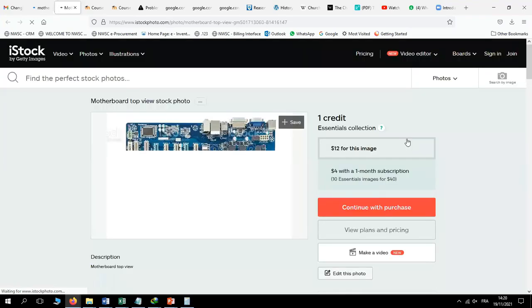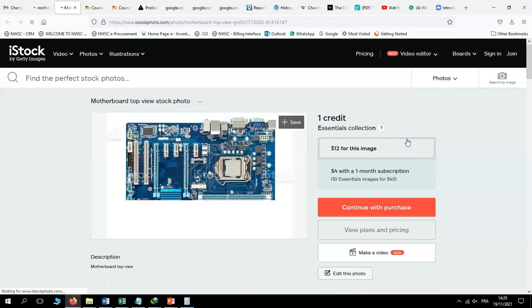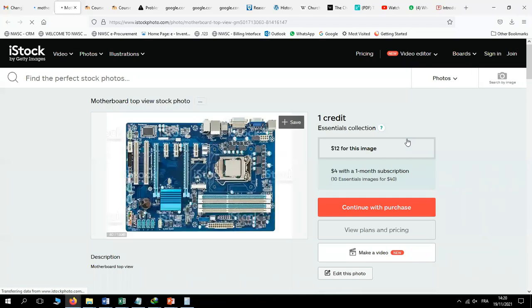Then besides those ports, we also have slots, such as, right now I'm pointing at, I think, the RAM slots. Then we have other expansion slots that we can use to connect different components on the computer.